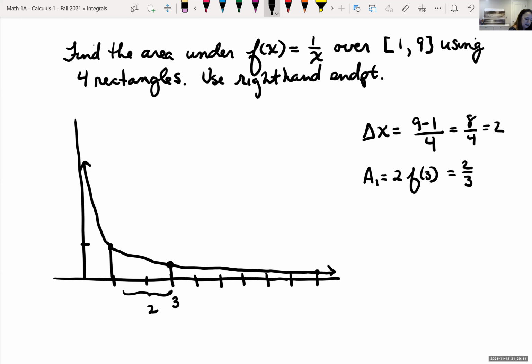So we're going to go out another length of 2. If we go to 5, the right hand is going to be at f of 5. So the area of width 2 is 2 times f of 5. Well, that's 1/5 times 2, is 2/5.